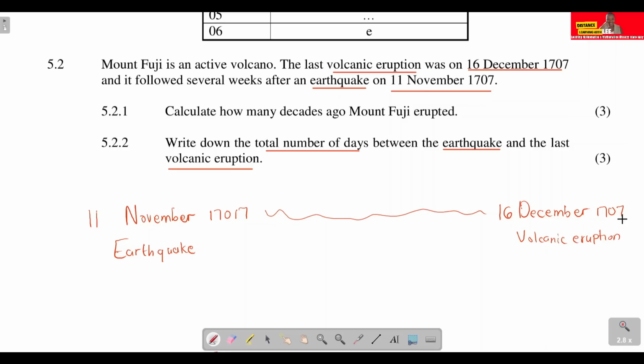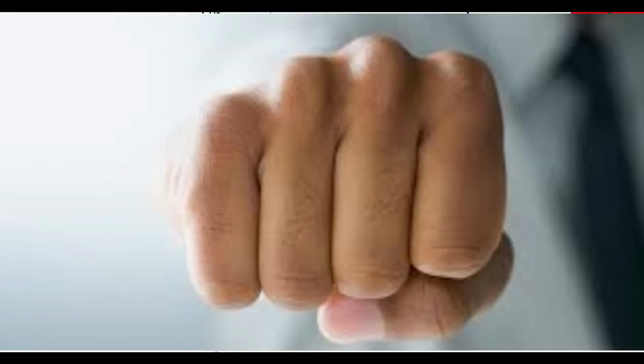What's important here is that with these questions, I'm going to give you a tip to help you determine the last day of each month. I think at this stage you should know that you can use your knuckles. I'm going to put a picture of what I mean when I talk about knuckles here, to help you determine the last day of each month.